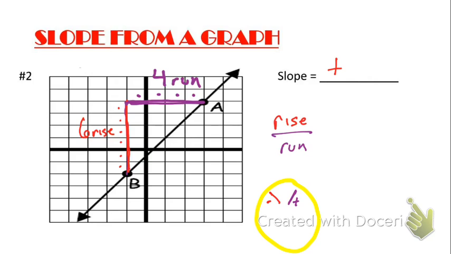So that's my run. The number that goes on top is 6. The number that goes on the bottom is 4. Now, this is not my final answer because you can reduce. 6 over 4 reduces to 3 over 2, and so that is my slope.